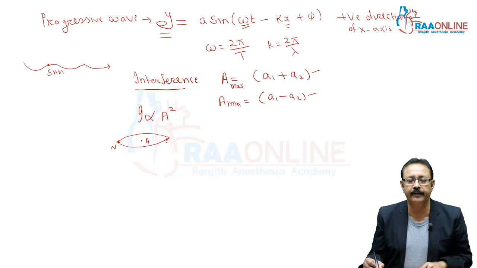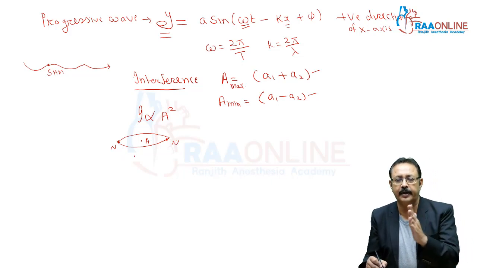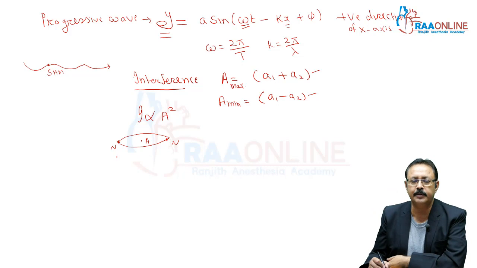So in stationary waves you will find nodes, antinodes, nodes, antinodes, and the distance between two nearby nodes is half of the wavelength.